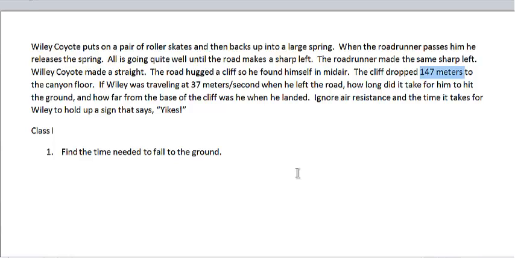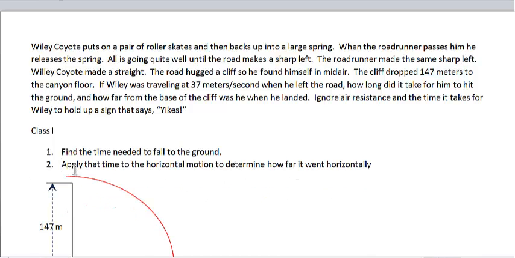It is just like dropping a rock, or let's say dropping Wiley Coyote with no horizontal velocity off a cliff that's 147 meters high. Step 2 is, once we know the time, we use that to find the horizontal motion.